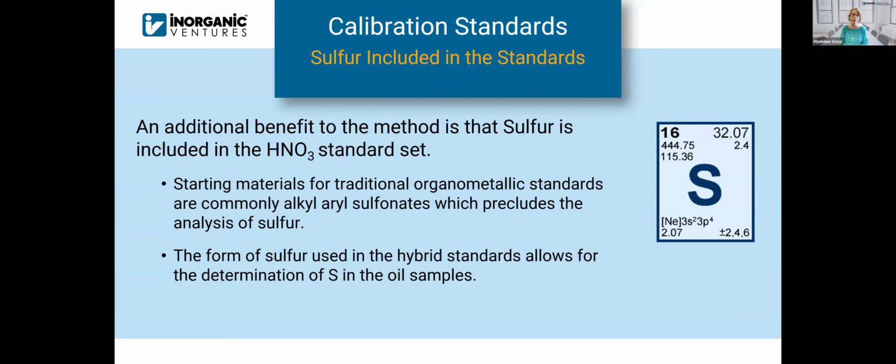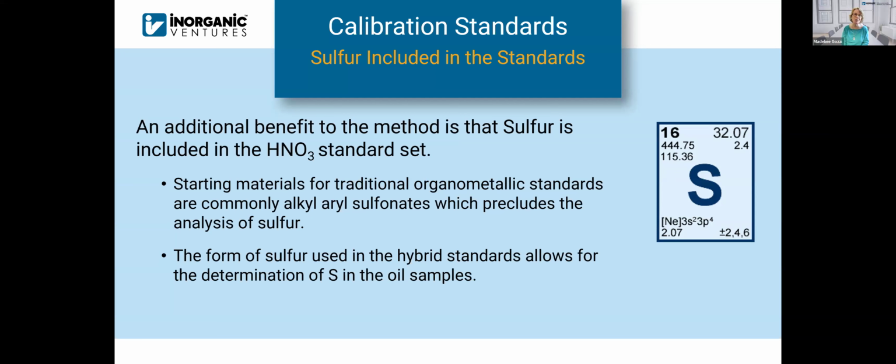An additional benefit of this method, and this is something that was not possible to do with the traditional organometallic standards, is that we are able to offer sulfur as an analyte that can be tested with our hybrid standards. The reason you can't test for sulfur with the multi-element blends organometallic standards is because they are commonly made from the alkyl aryl sulfonates, the sulfonates adding large amounts of non-quantified sulfur into those solutions.